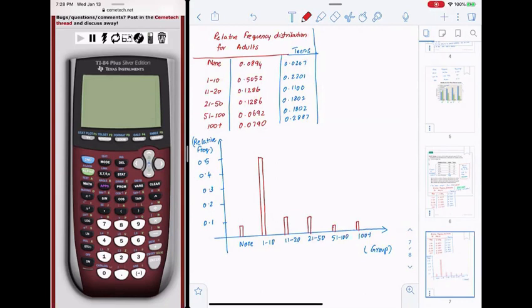So the teen group, no text at all, it's about 2%. 1 to 10 texts, that's about 22%. 11 to 20, we have about 11%, so slightly higher than 10. 21 to 50, we have 18%.